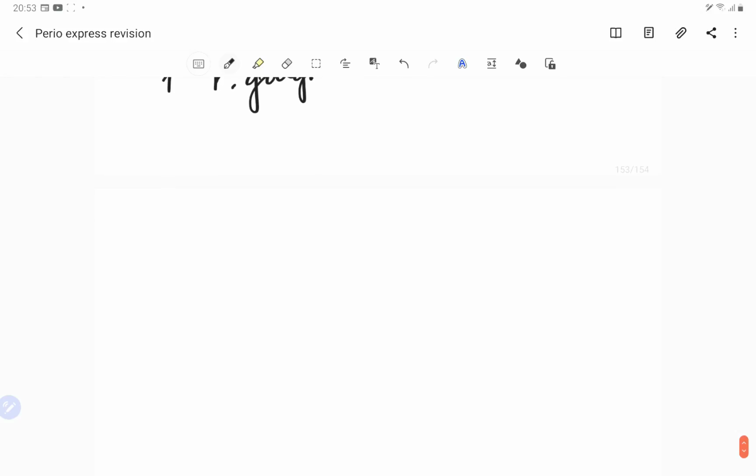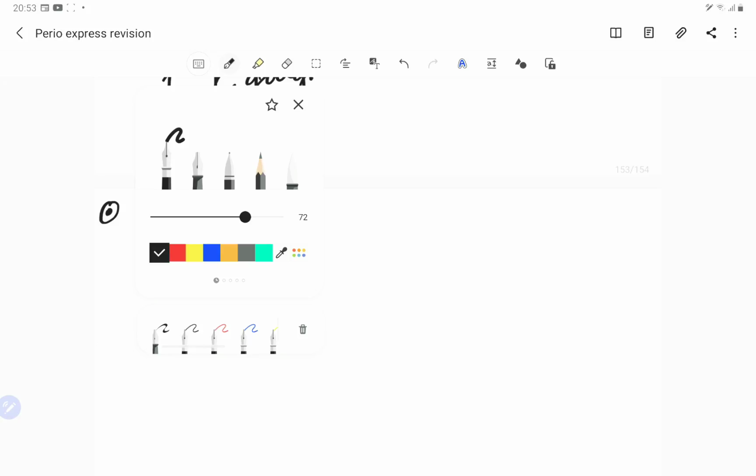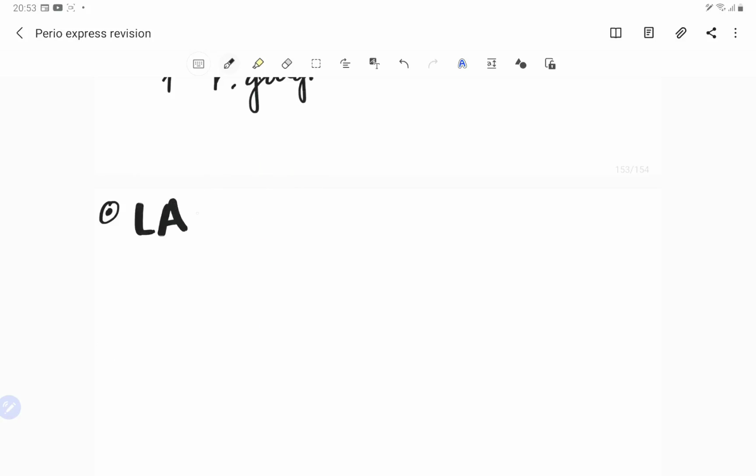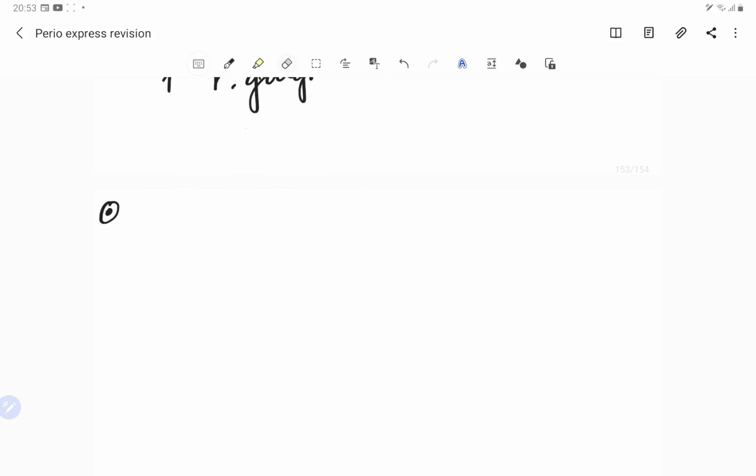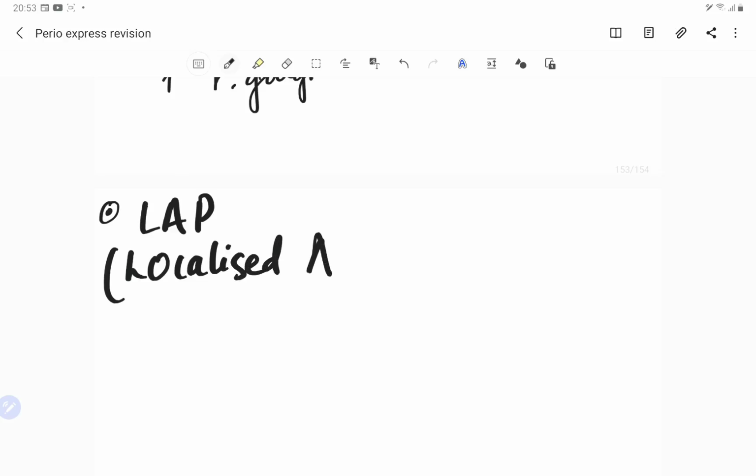So talking about localized aggressive periodontitis. Guys, we have got two forms, right? The localized form and the generalized form. The localized aggressive periodontitis, we are going to write LAP. What does this name suggest?